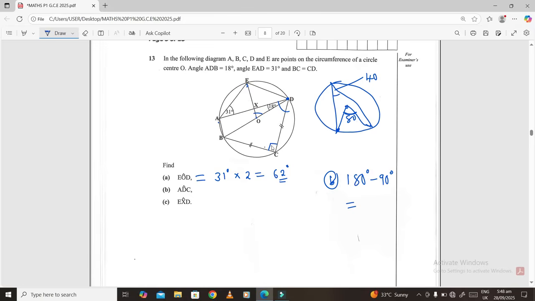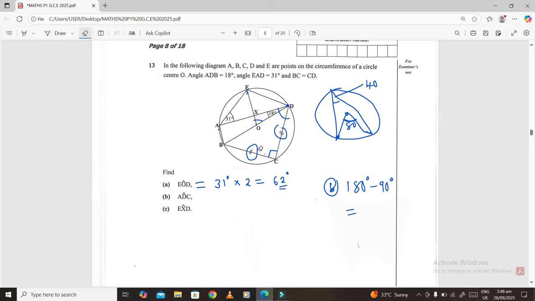Since this angle is 90 degrees, and I've been shown these signs that these two sides are equal to each other, the angle right here will be equal to the angle here. Can you see we've got a triangle inside there?